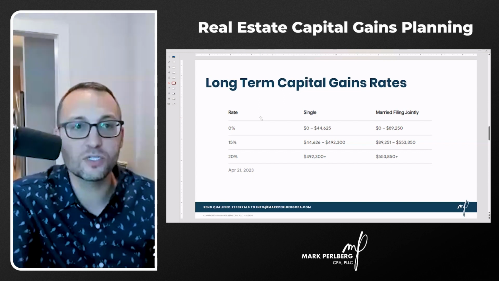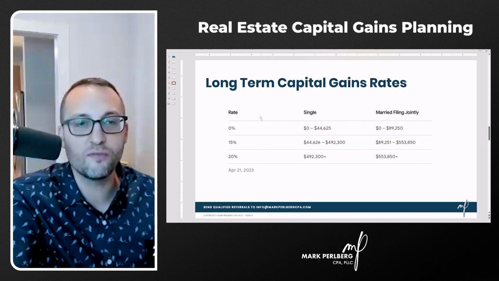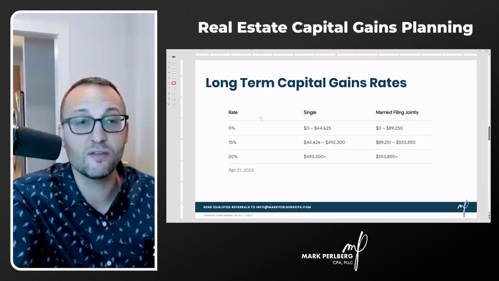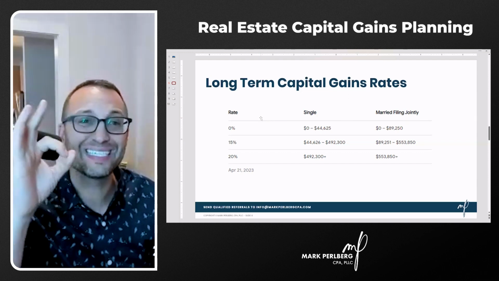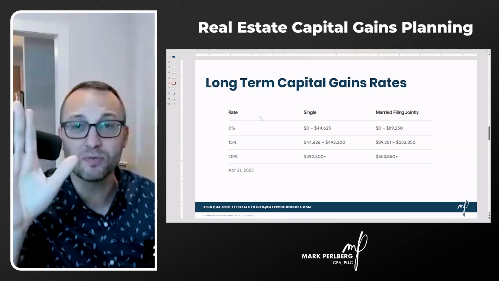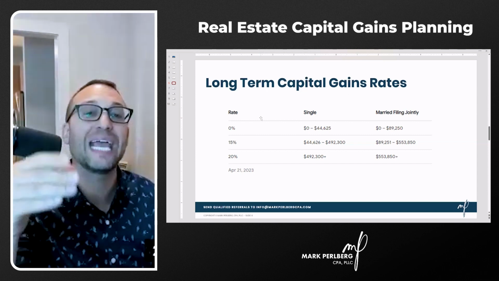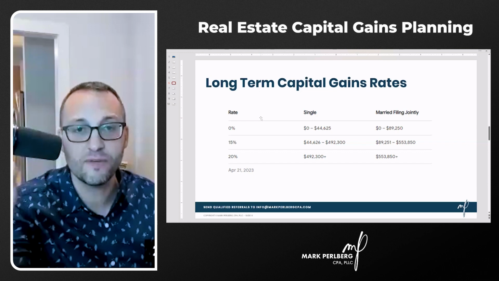But if you are single and your income is between $0 and $44,625, you could be in the 0% long-term capital gains tax bracket and pay absolutely nothing in long-term capital gains. And that amount is up to $89,250 if you're married filing joint.